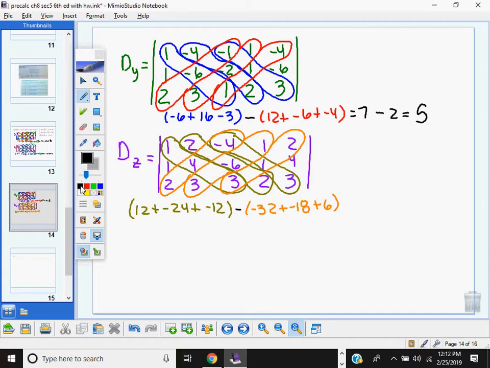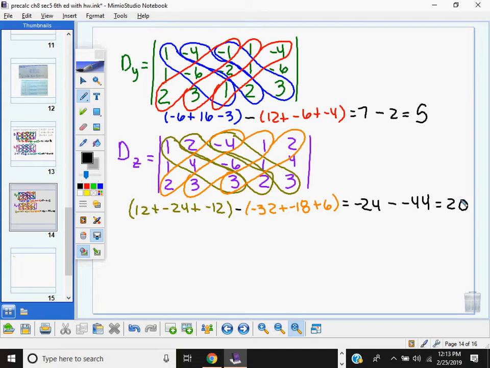Negative 12 plus a negative 12 is a negative 24. Bring over your minus. Negative 32 and a negative 18 is a negative 50. Negative 50 plus 6 is going to give us a negative 44. Now, negative 24 minus negative 44 turns that into a plus, and we end up with a positive 20 for our dz.